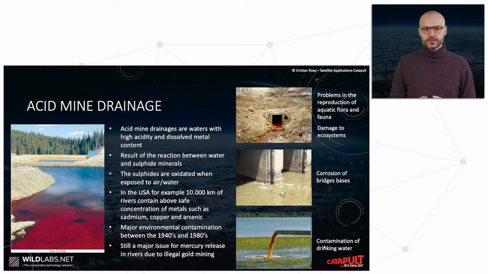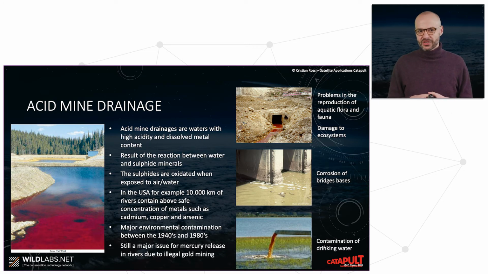Another application on pollution, it's more on mining and acid mine drainage. So this is when we have a mining setting, clearly, and chemical reactions that are used within the mining processing are dissolved and transmitted into the environment.